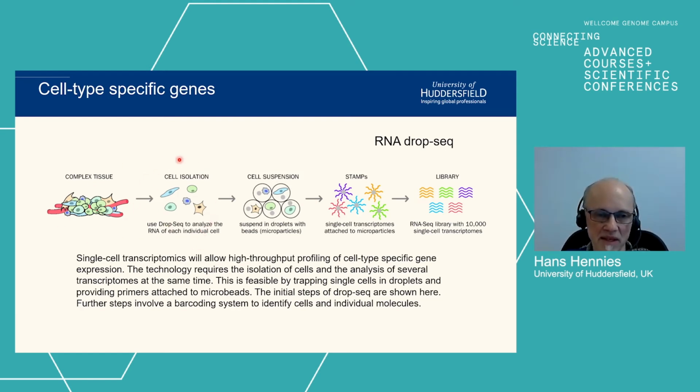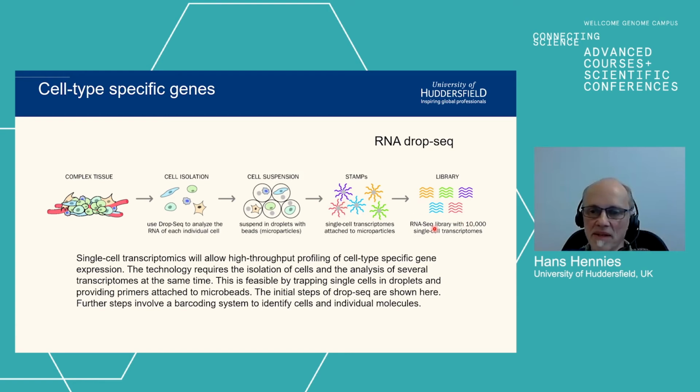We have these cell types here extracted, and each of the cell types would then be collected in a droplet. So we have a cell suspension with these droplets, and each droplet contains a particular cell and contains microparticles. And the RNA-seq, the analysis of the transcripts of this particular cell, is done on the microparticles within these droplets.